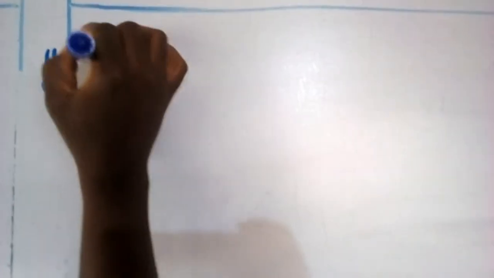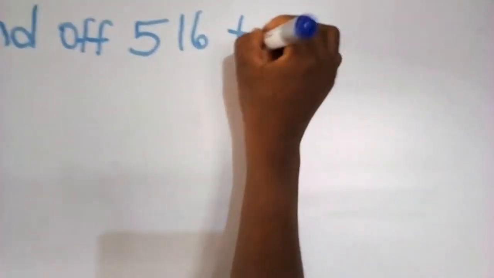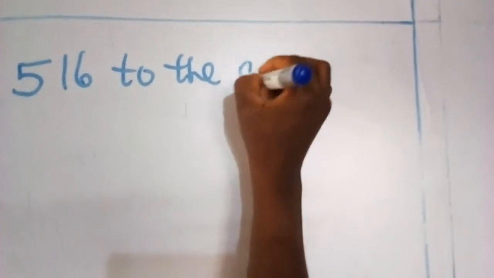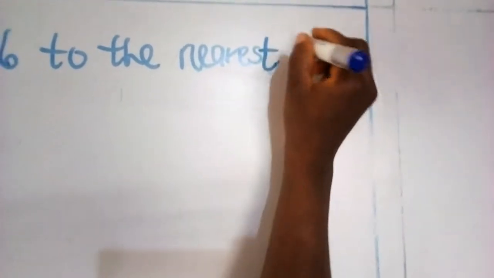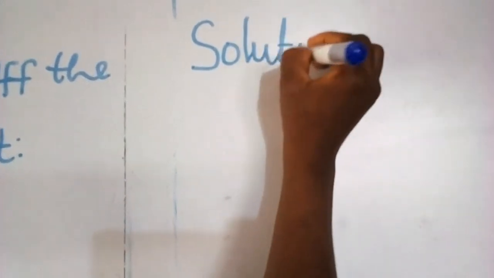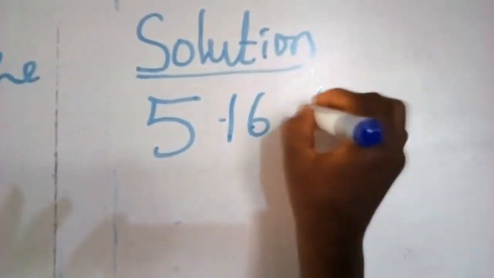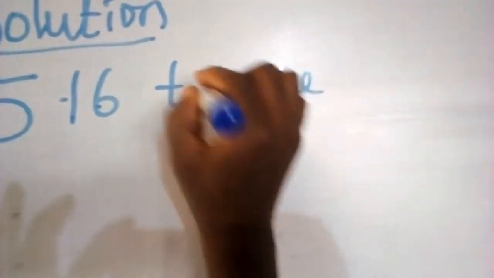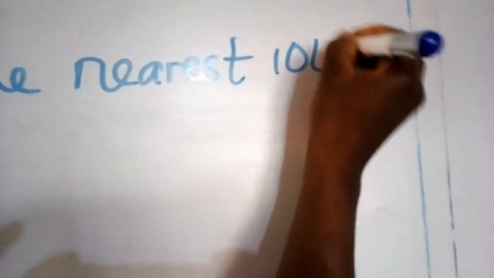Okay? We want to round off the same number, 516, to the nearest 100. So that's number 1B. Round off 516 to the nearest 100. Solution: 516 to the nearest 100.